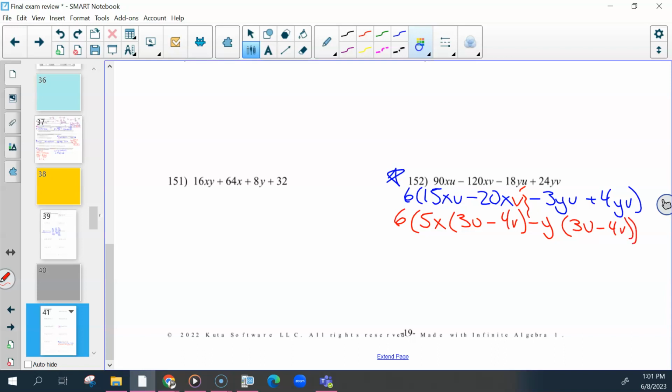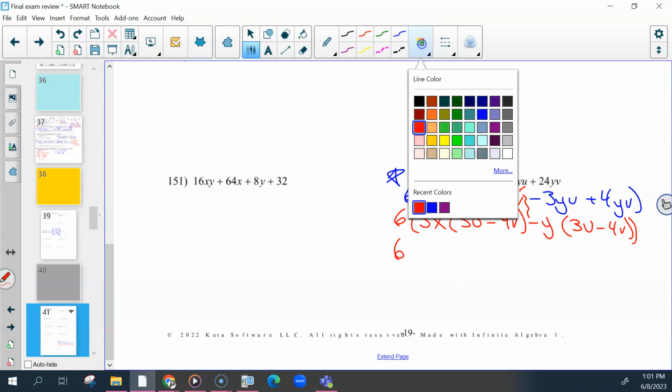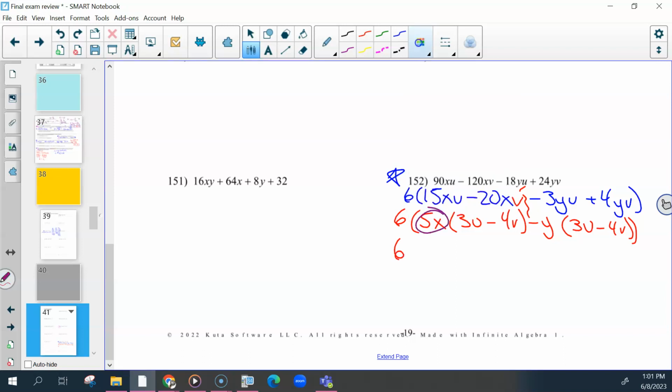And then you want your inside things to be the same. If they're not, then something's wrong. Keep bringing down that GCF from the outside. And then the outside things go together in a set of parentheses. And bring down one of the inside things.